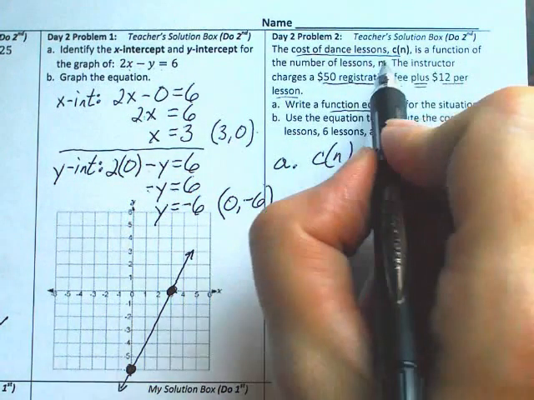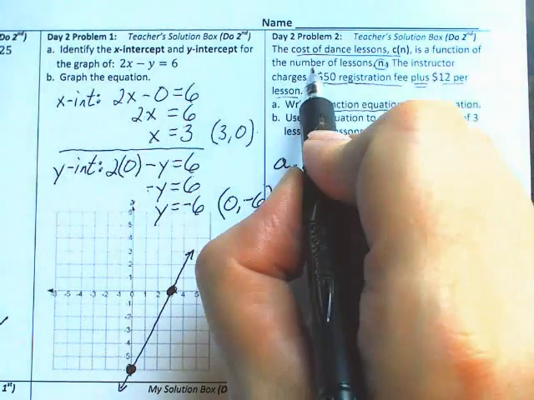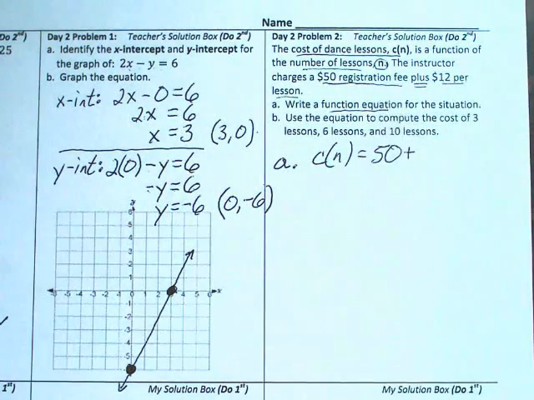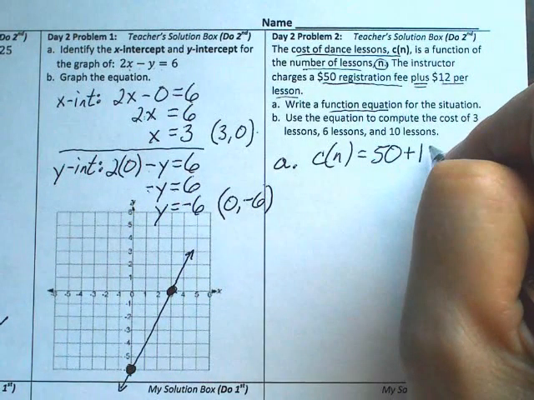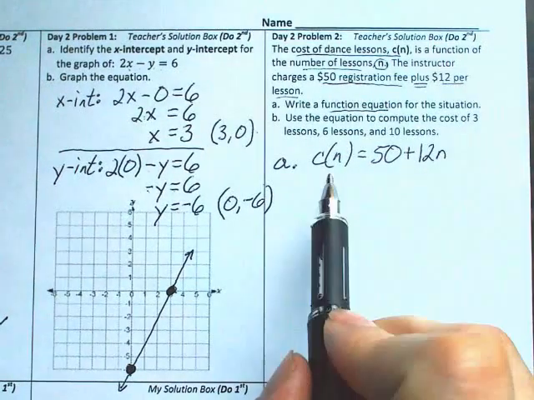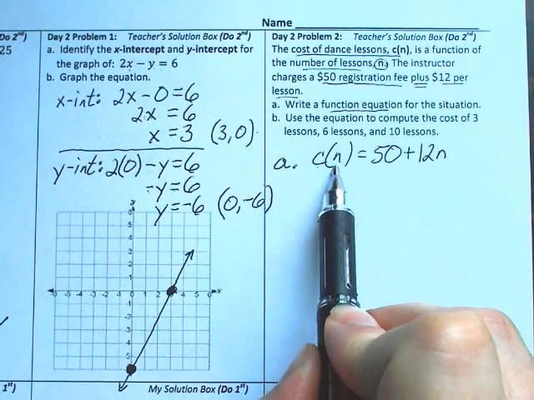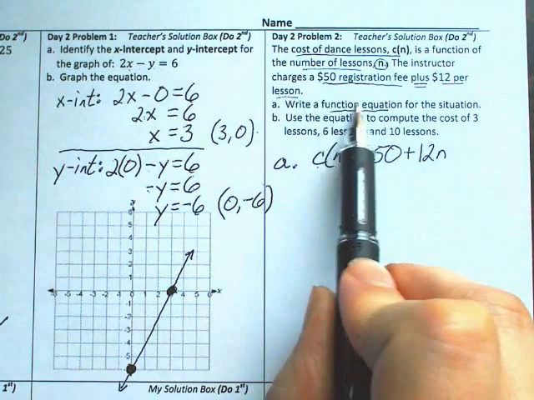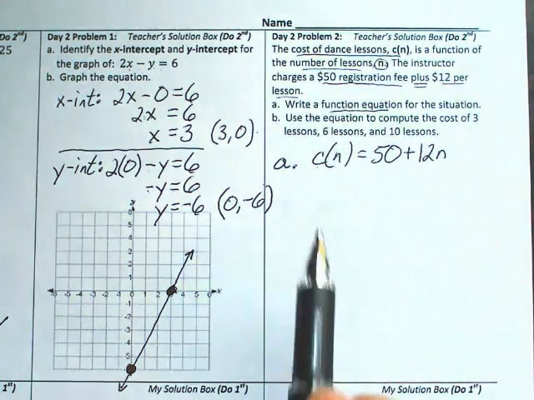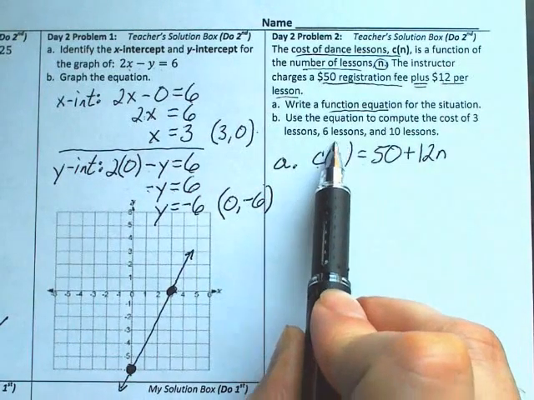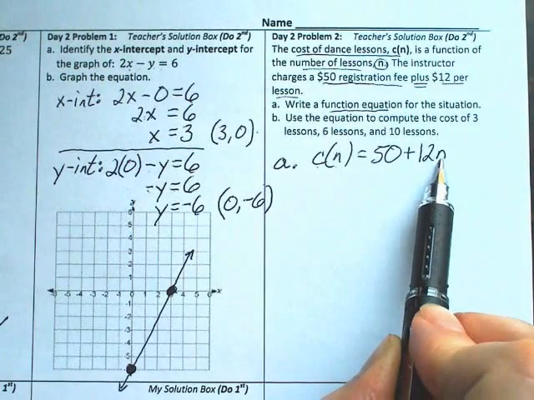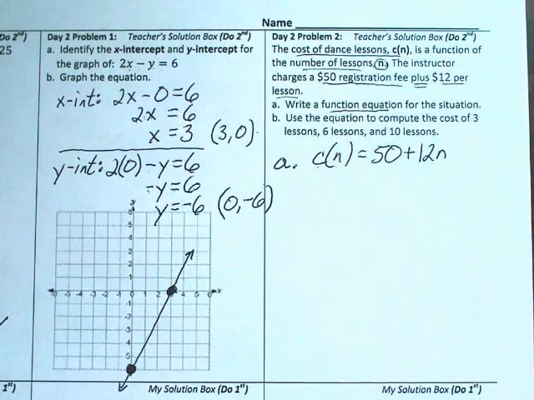And we're told in the problem to use the variable n to represent the number of lessons. And so $12 per lesson, using the letter n to be the number of lessons, can be written in symbols as 12n. So this equation, C of n equals 50 plus 12n, is a function equation for the situation. It will give us the cost of dance lessons based upon the number of lessons that we wish to take.